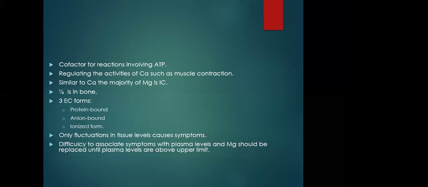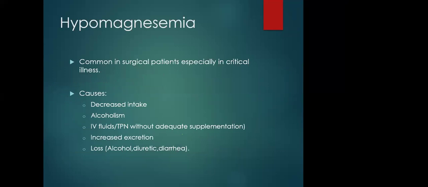Only fluctuations in tissue levels usually cause symptoms. It is difficult to associate symptoms with plasma levels, and magnesium should be replaced until plasma levels are above the upper limit. Hypomagnesemia is rare.